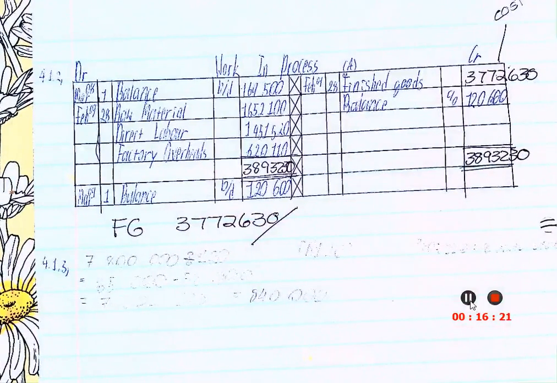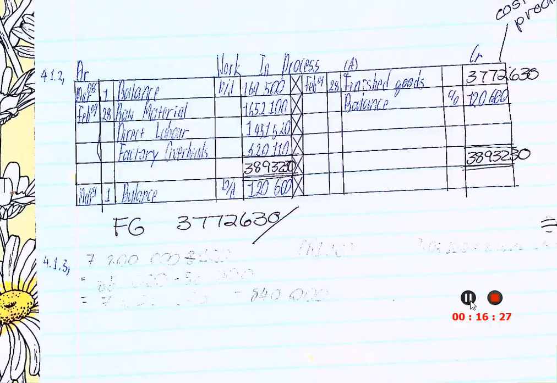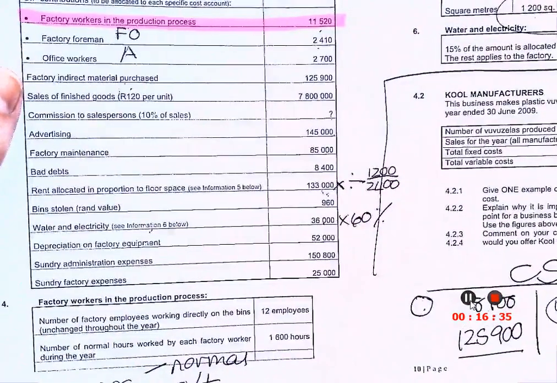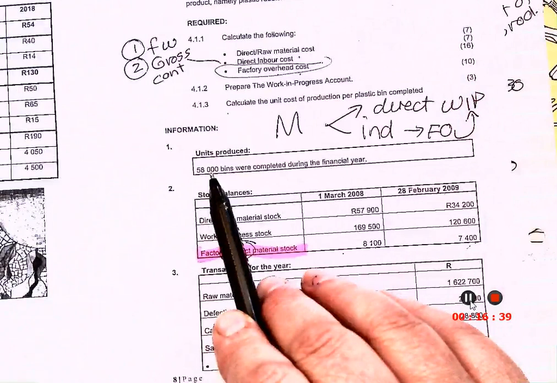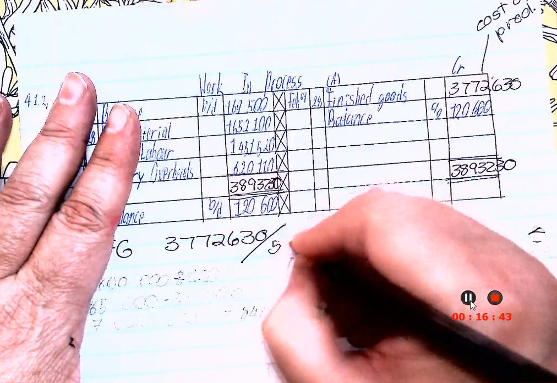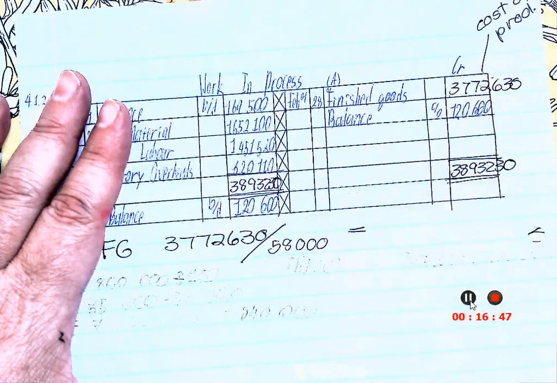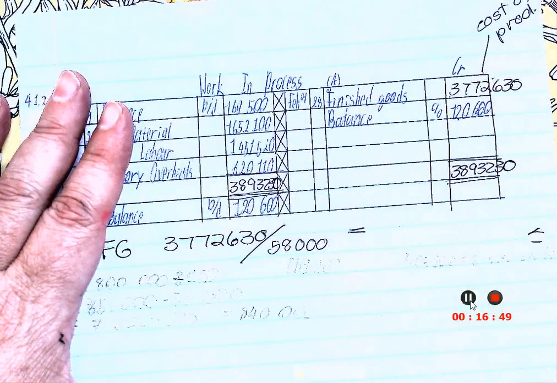This is the cost that I paid for making the product. And how many products did I make? Do they tell me? Yes, they do. Where? Information number one. They say 58,000 bins. So if I divide that by 58,000 bins, I get the cost per unit, which is what?